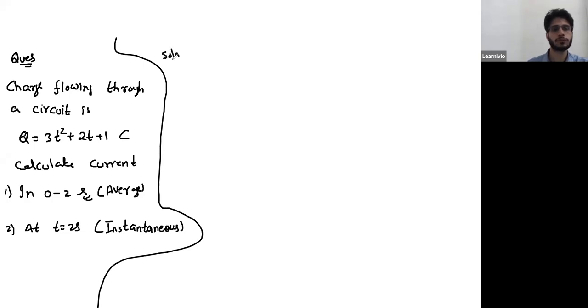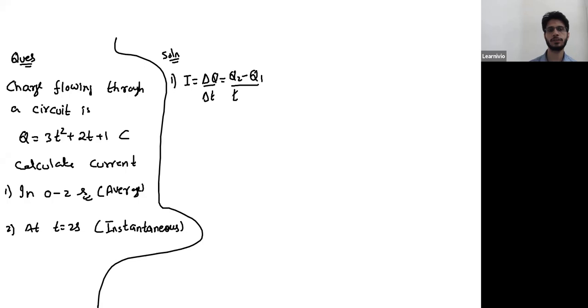Solution. So this is the charge, 3t square plus 2t plus 1. When I say average current, that is delta Q over delta T. Delta Q means Q2 minus Q1.